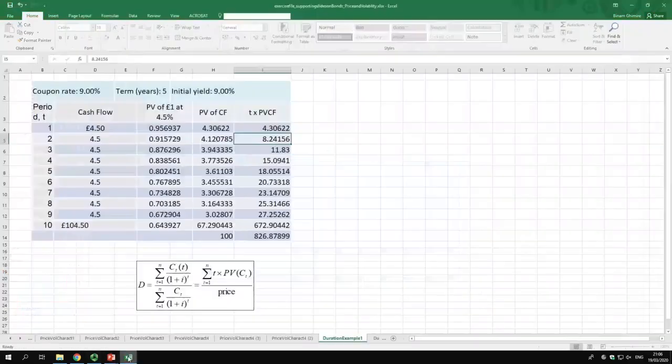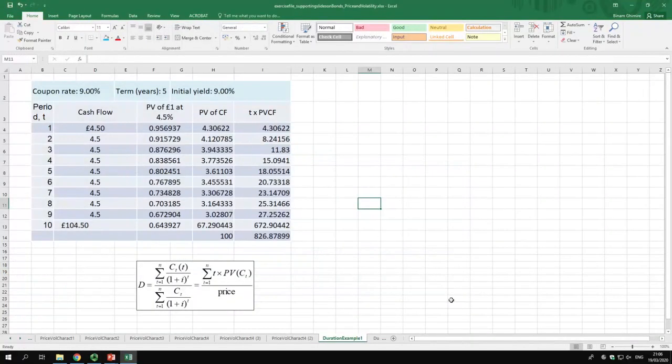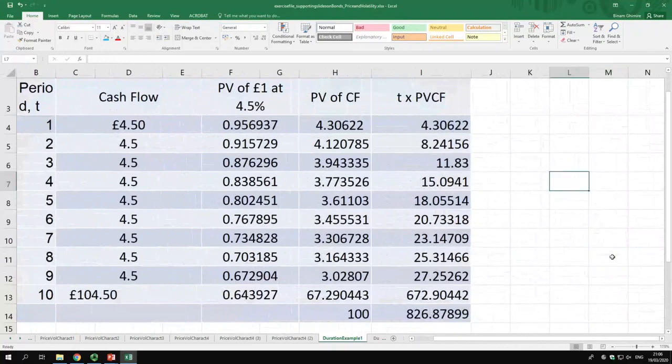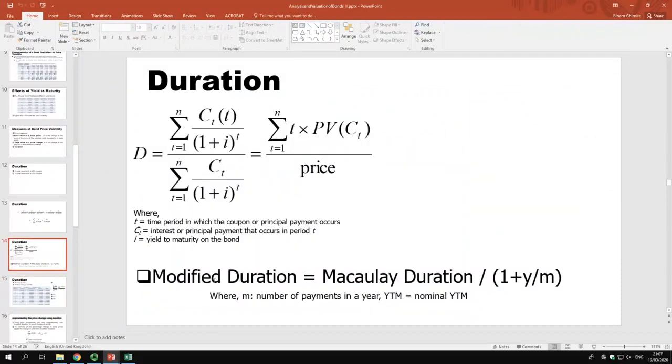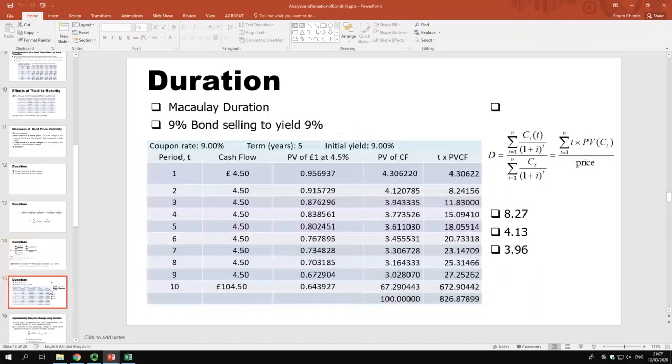So basically 4.13 is divided by 1 plus the rate, which is 9%, divided by frequency 2, and that's the answer you get, which is 3.95, or approximately 3.96. That is your modified duration, a very important concept.